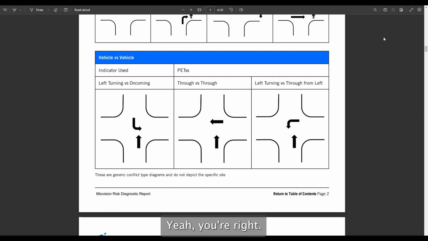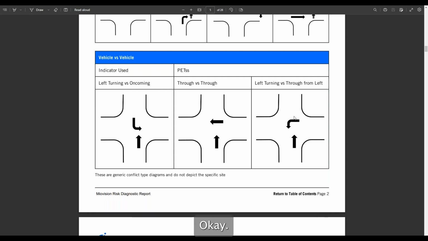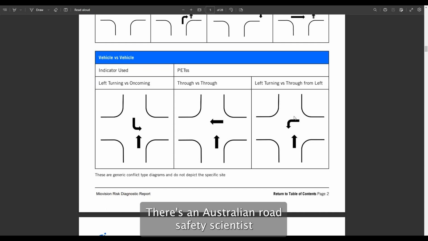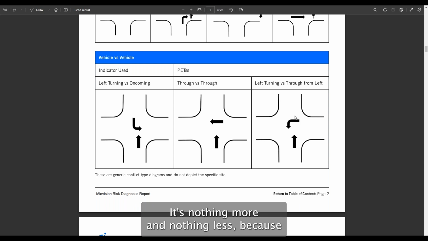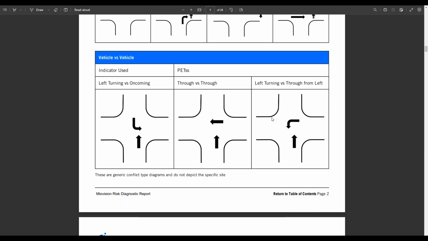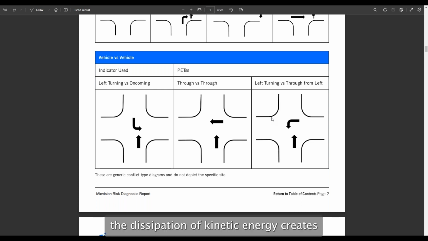Yeah, you're right. Speed is one of the biggest determinants of severity. There's an Australian road safety scientist that says road safety is the management of kinetic energy. It's nothing more and nothing less, because any person that's ever died in a traffic crash, they died from the dissipation of kinetic energy creating impact forces.